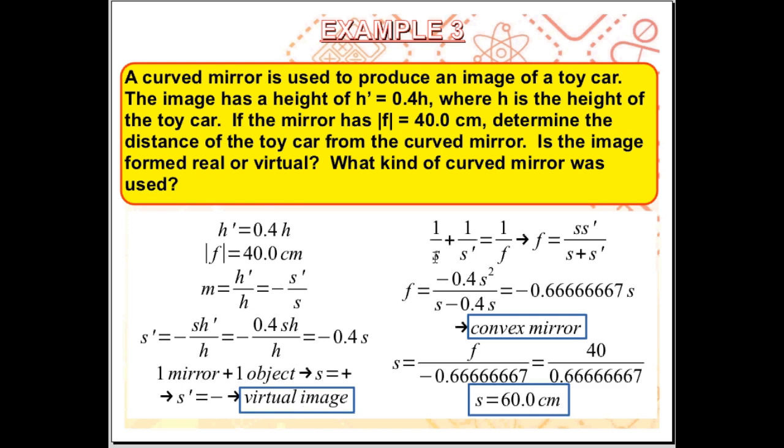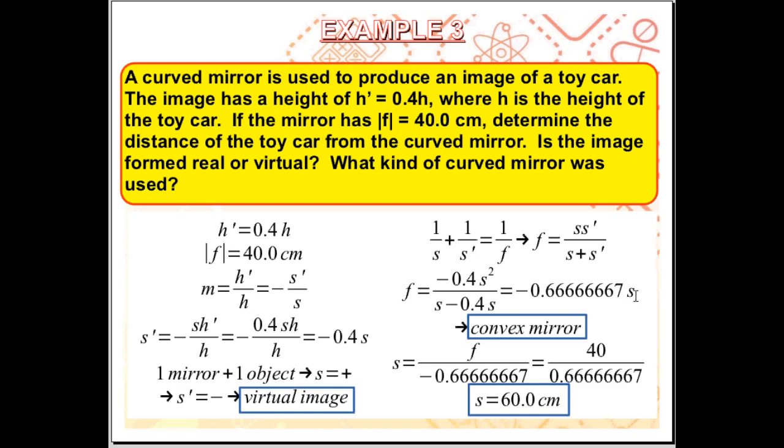Next, we use 1 over s plus 1 over s prime is equal to 1 over f. Isolating f, you have f is equal to s times s prime over s plus s prime. Using s prime is equal to negative 0.4 s, we are able to get that the focal length f is negative 0.6666 and so on times s.